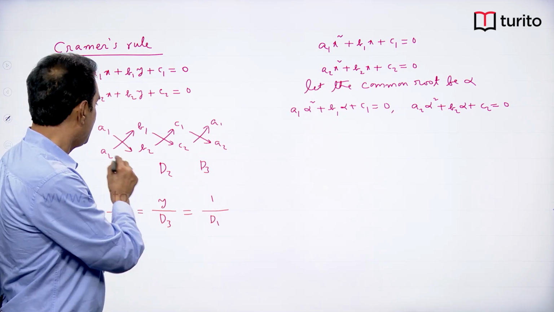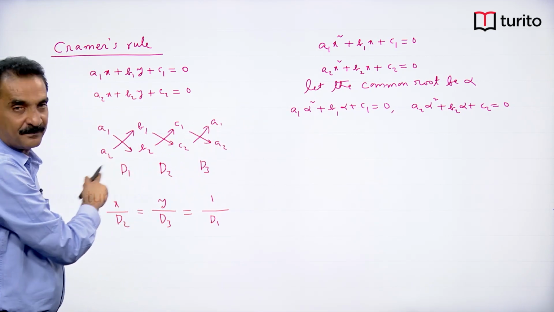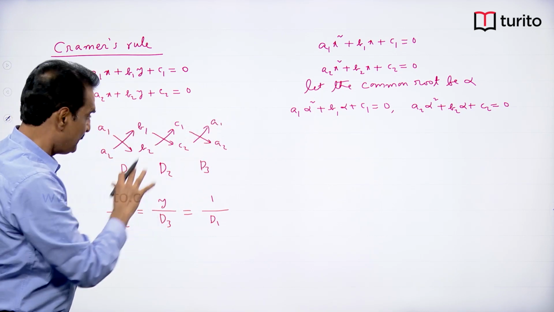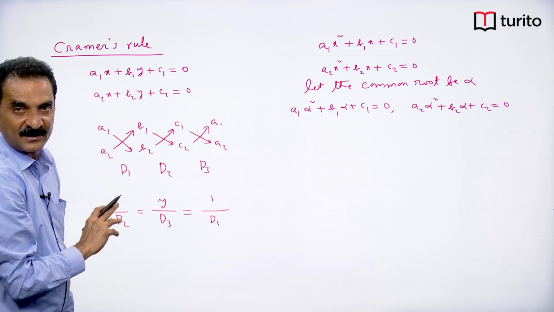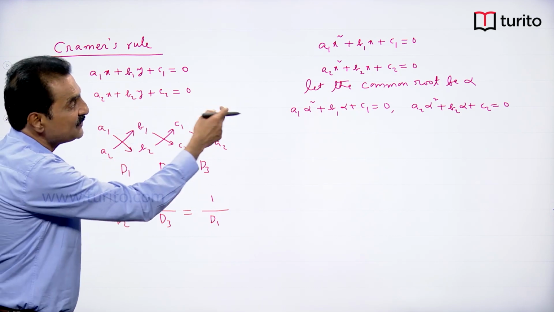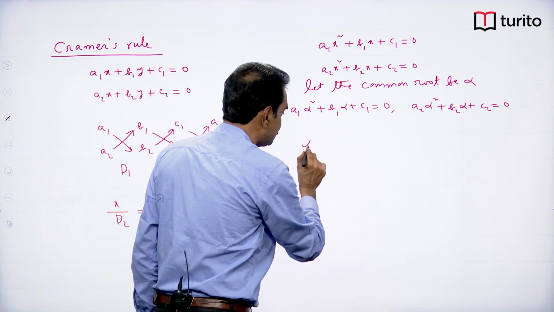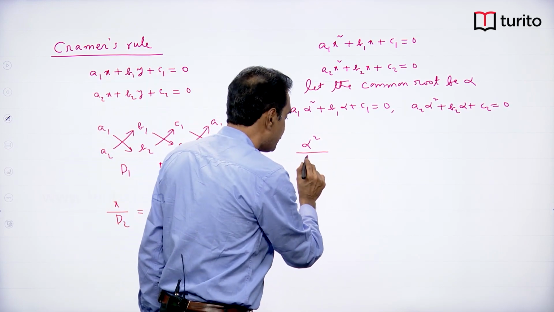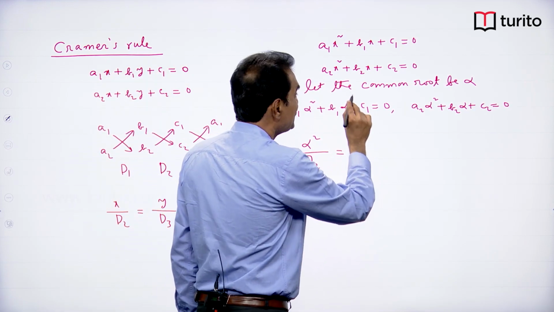Coefficients are same, no? So no need to write this again. D1, D2, D3 are clearly there. In place of x you will get alpha square by D2 is equal to, next is what?